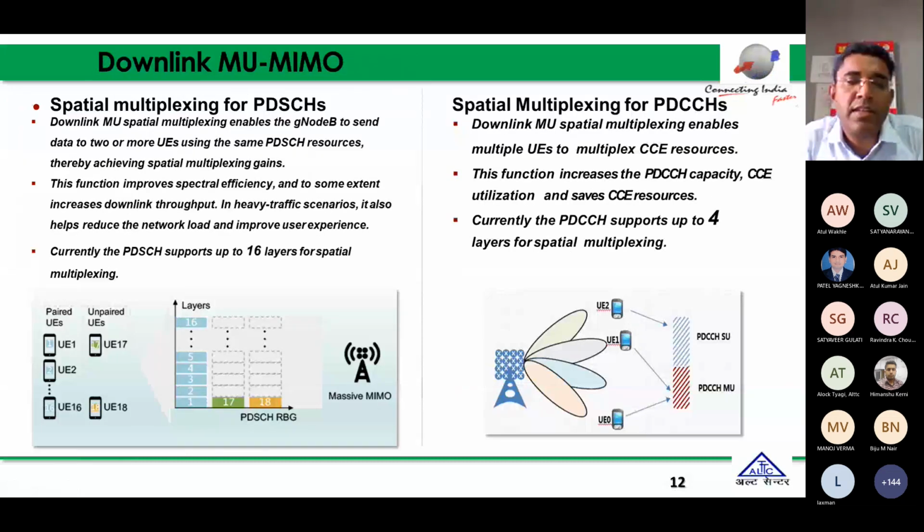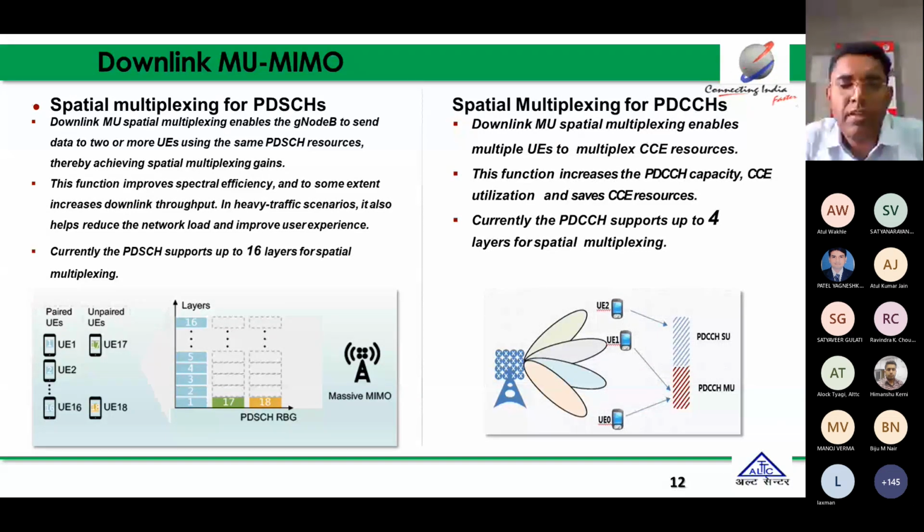Here you can see, left and right, the spatial multiplexing for the two physical channels in the downlink. The first one is the PDSCH and the second one is the PDCCH. PDSCH, the physical downlink shared channel, is allocated for the user's data, and PDCCH is for the allocation of control data.